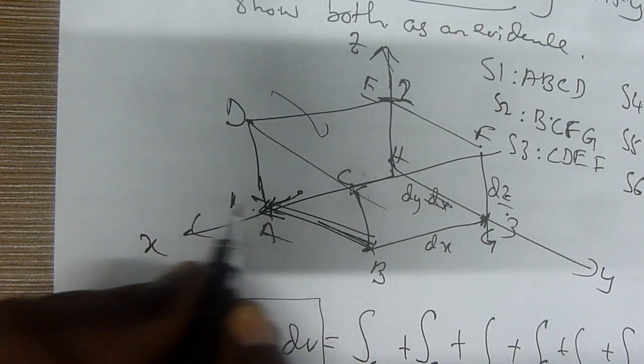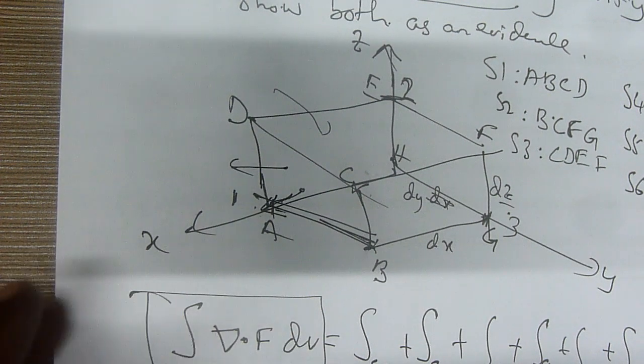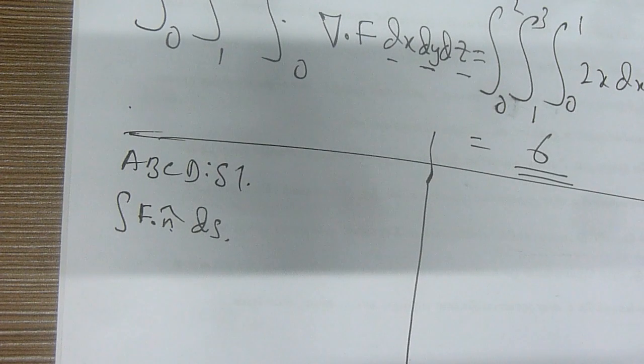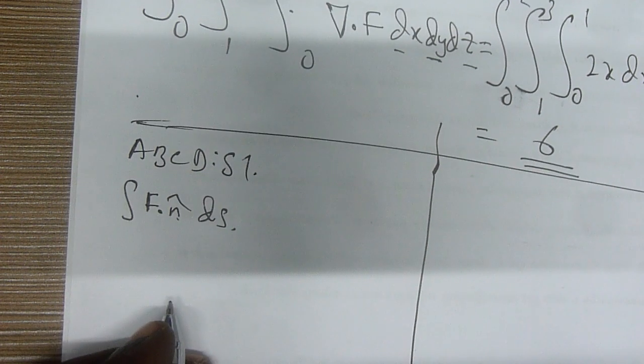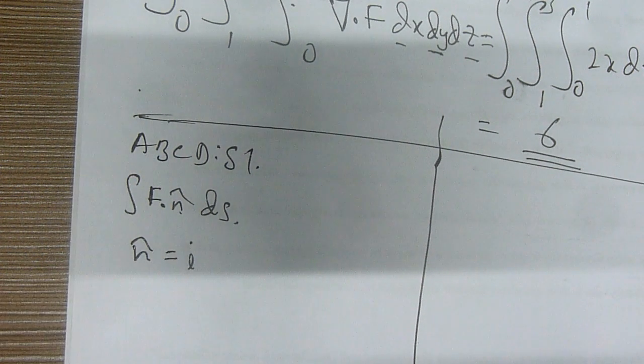The surface arrow is very clear. Can you see that? It's pointing to the X. If it is pointing to the X, then it's very easy. The S1 n is equal to i.